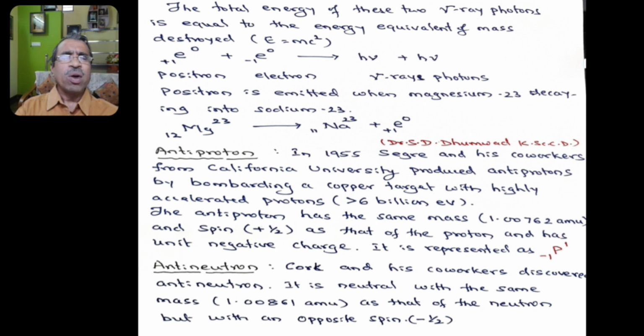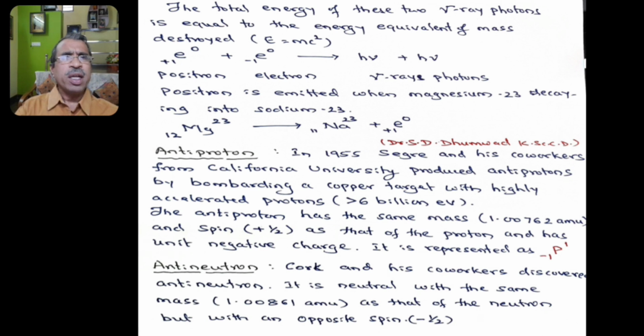That is, according to Einstein's theory, E is equal to mc square. That is, the electron and anti-electron, the positron, both combine to form 2 photons, that is the gamma ray photons.